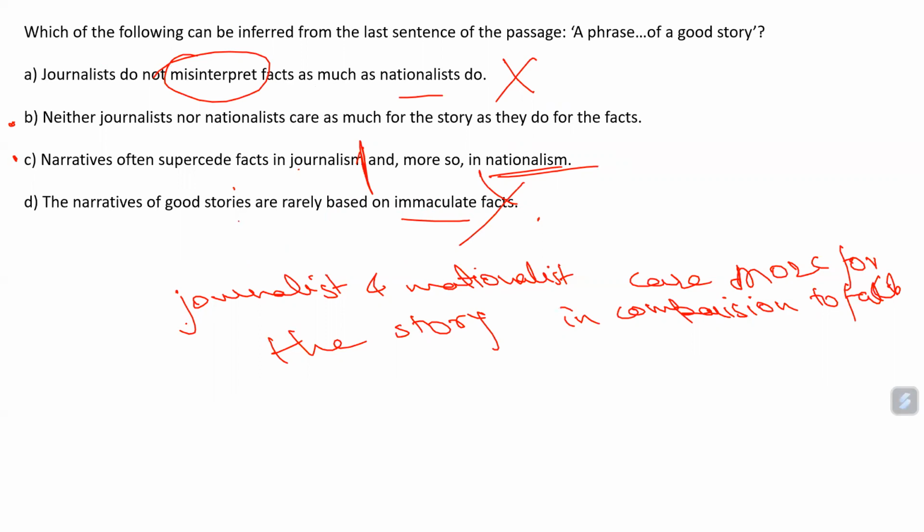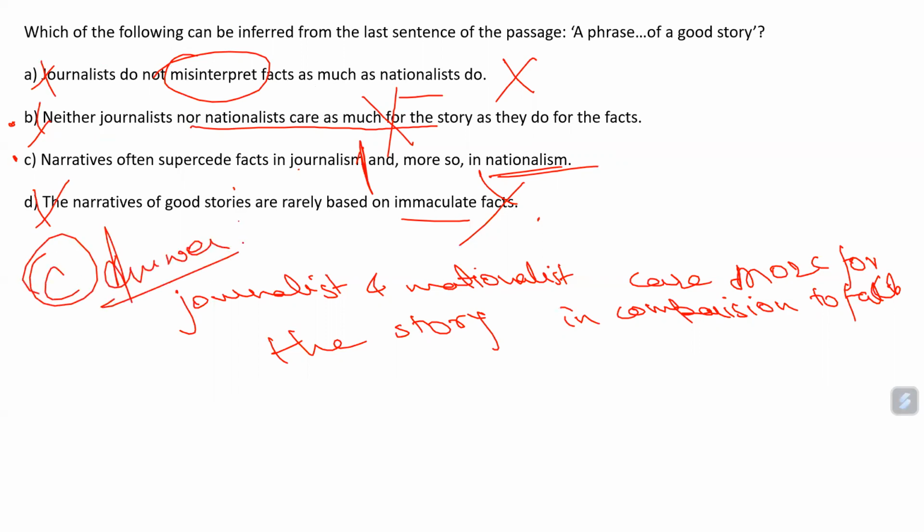When I'm talking about B, it is contradicting the essence of the paragraph because journalists and nationalists care more for the story. So when I read this, nor nationalists care as much for the story, it's wrong because they have also cared for the story as well, right? So option A is eliminated, B is eliminated, D is eliminated, so C is the answer, right? Let's move to the next question.